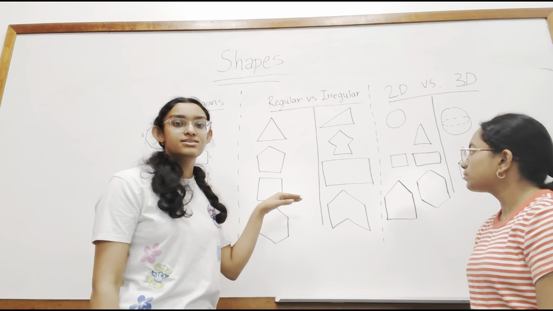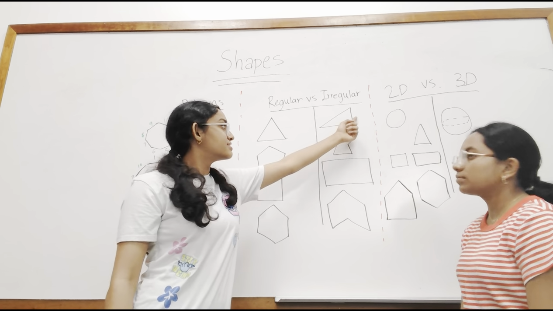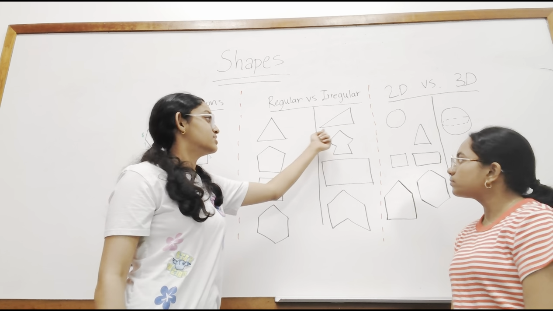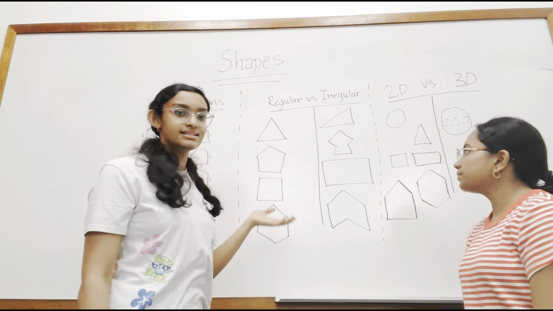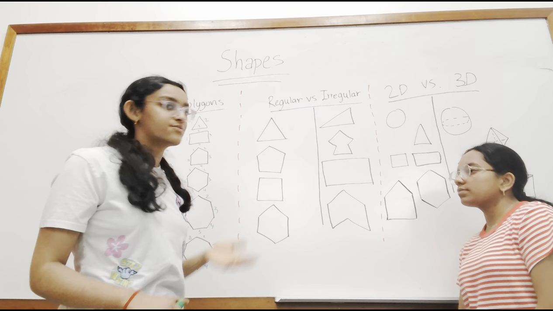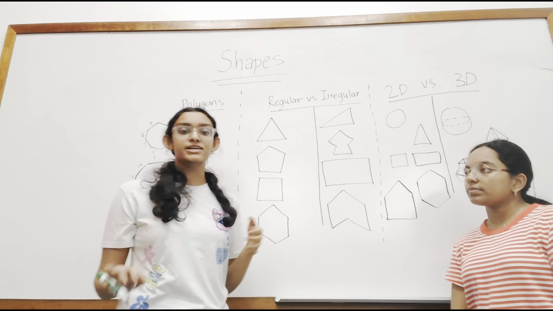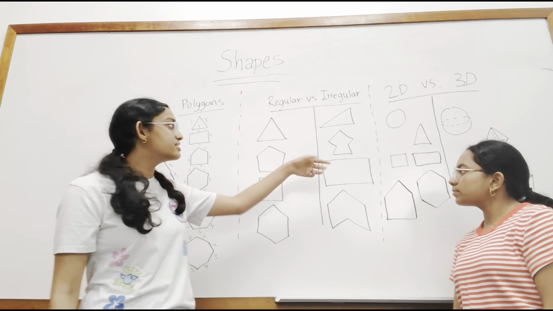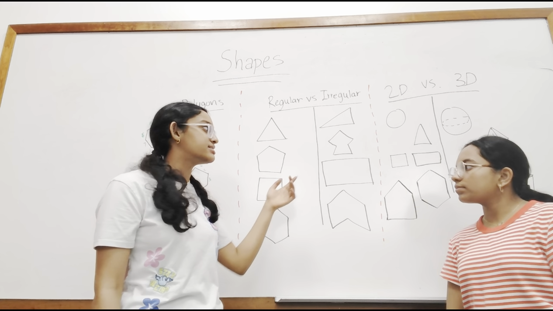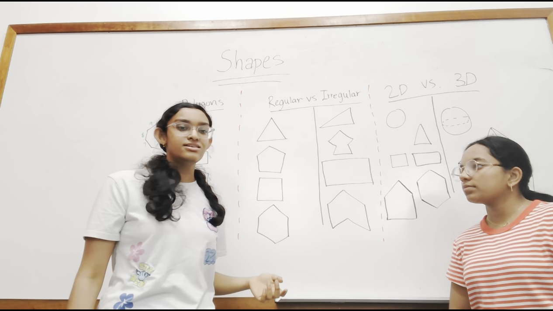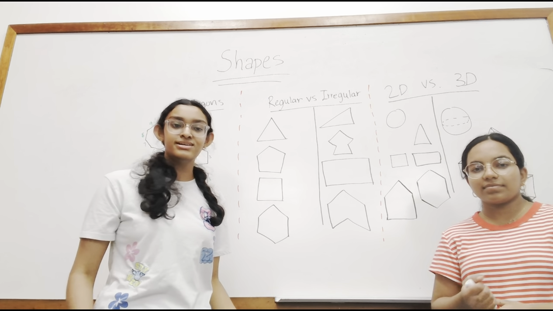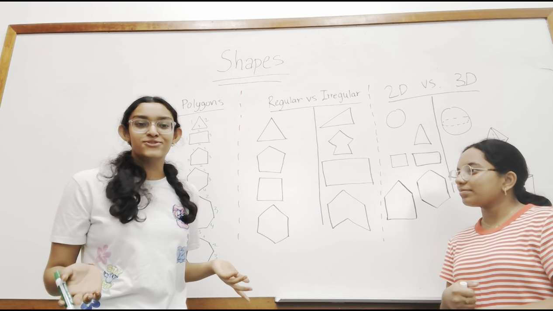But irregular, on the other hand, the length of this doesn't look like the length of this at all. And it isn't, because it's an irregular shape where the lengths are not regular. Also, if I point at this, you look at it and you go, well, I've never seen that before.